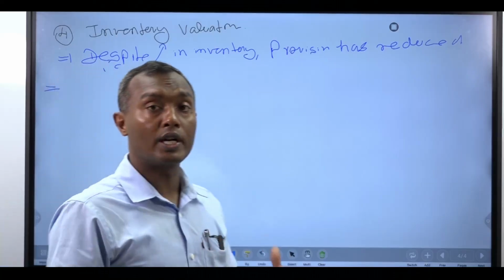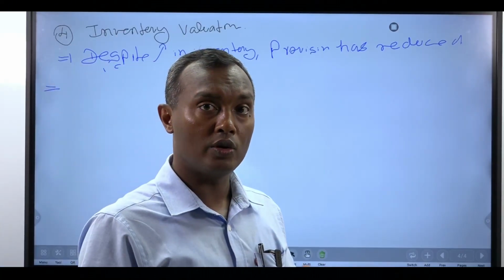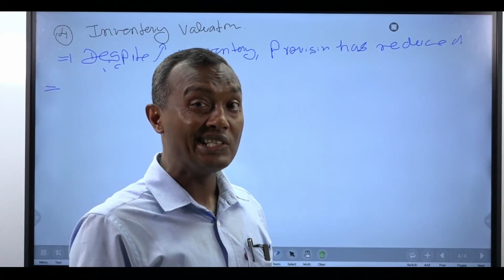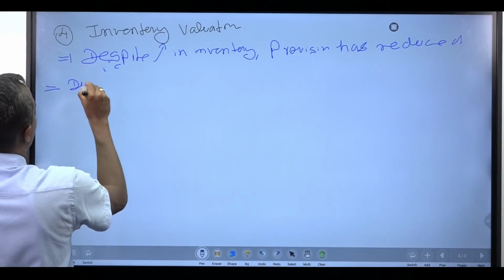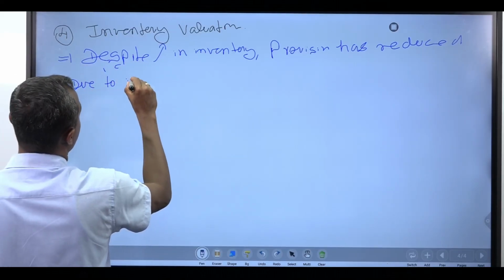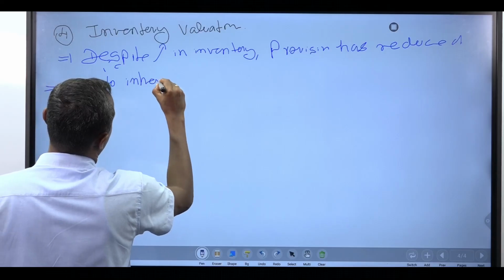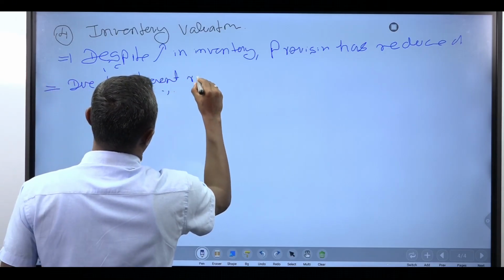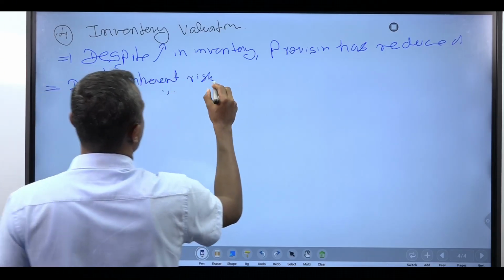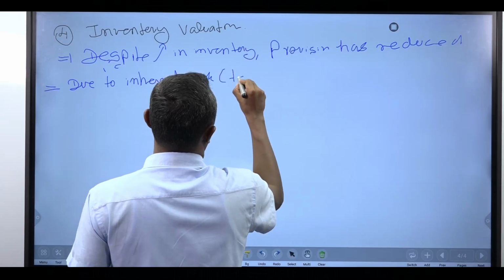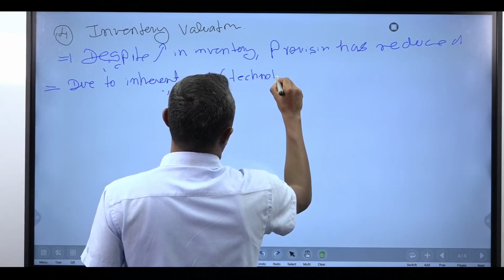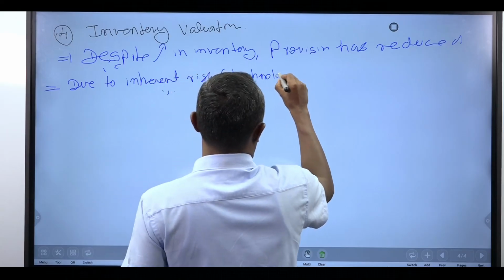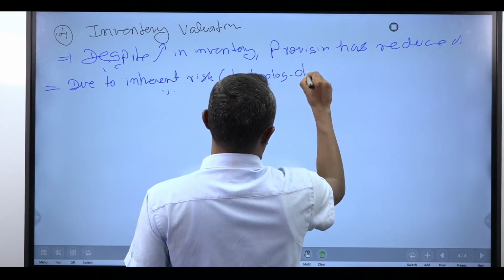This is phone, right? The inherent risk of phone, the technological obsolescence is high, right? Due to inherent risk. Within bracket you can say tech obsolescence.